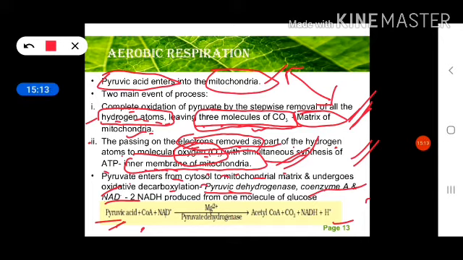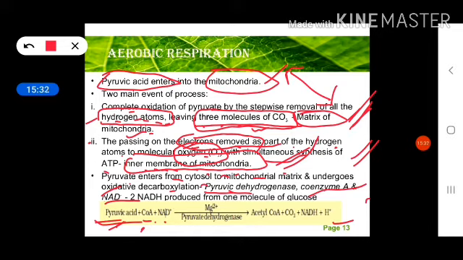Okay, so in the sequence after the citric acid, at some position CO2 will be removed, NADH plus H plus will form because hydrogen is also removed, and when CO2 is removed, a 5 carbon compound will be obtained, meaning alpha ketoglutaric acid.